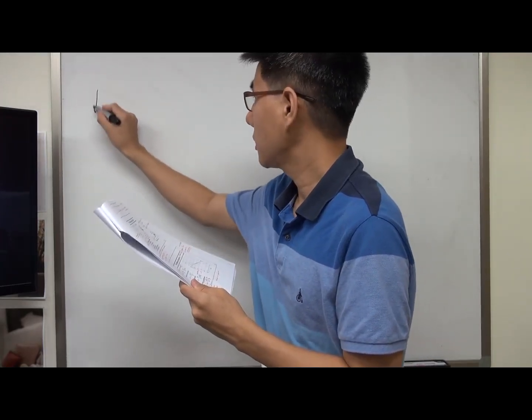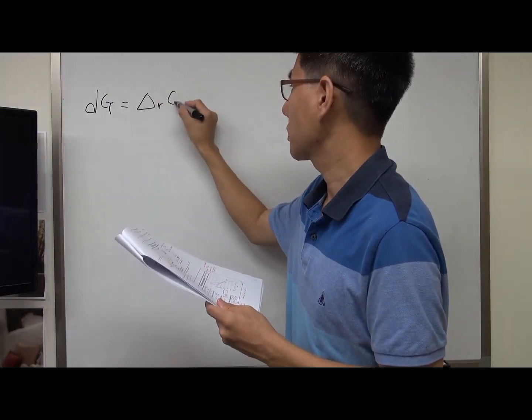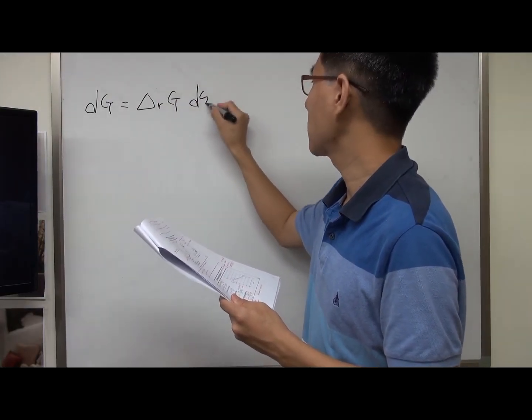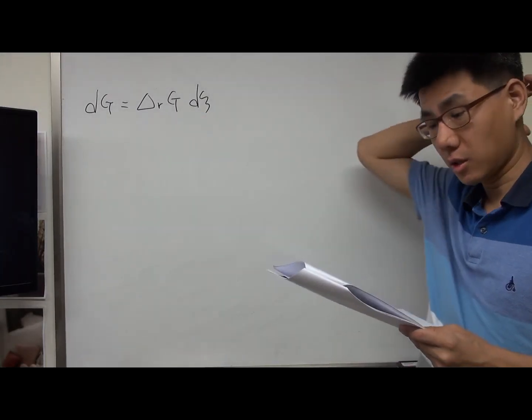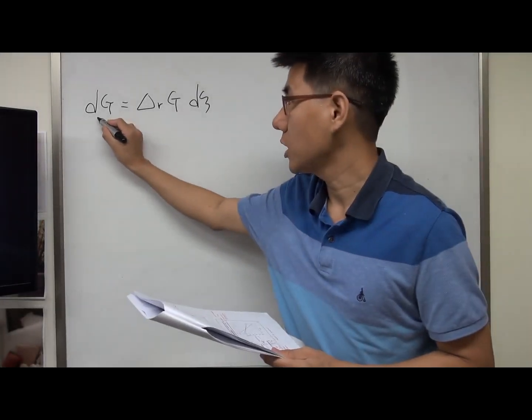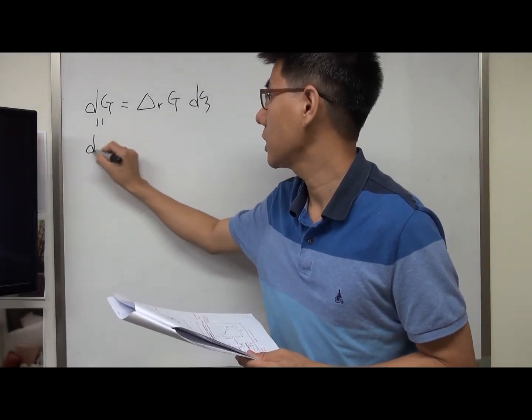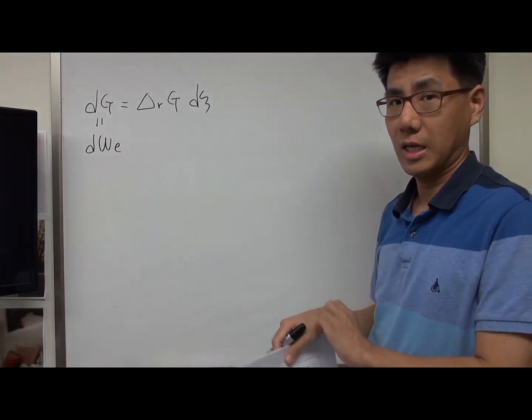By definition, dG is equal to the reaction Gibbs energy times d psi, the d psi of the extent of reaction, and dG is equal to the maximum non-expansion work, w_e, from chapter 3.